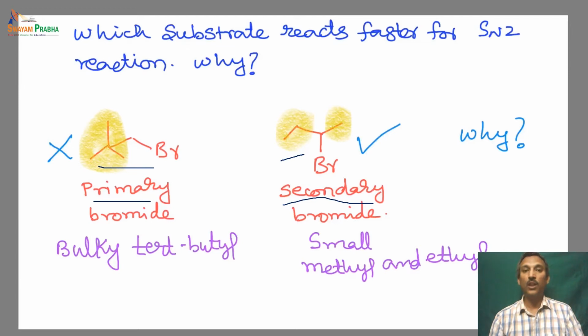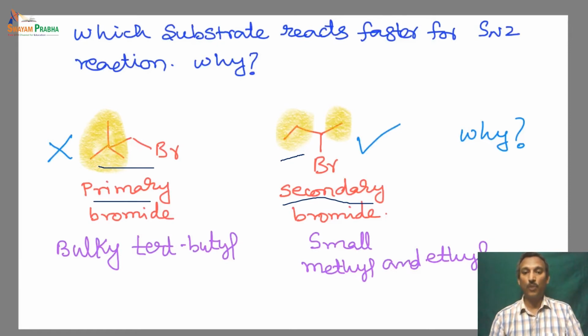We are not looking into that aspect. We are only looking at what reacts faster, because if the reaction center is blocked by a steric group, that is a bulky group, then it undergoes the reaction slower. It does not mean it is not undergoing reaction, but it is undergoing the reaction at a slower rate.